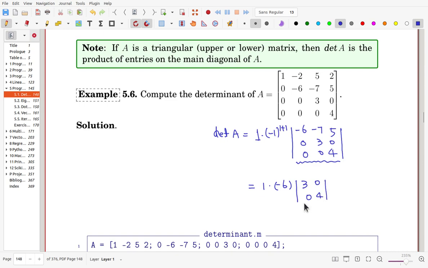Okay. Now we know the determinant of a 2 by 2 matrix, AD minus BC, right? So there's 1 times minus 6 times 3 times 4. That's the determinant, which is the product of the entries on the main diagonal, right?